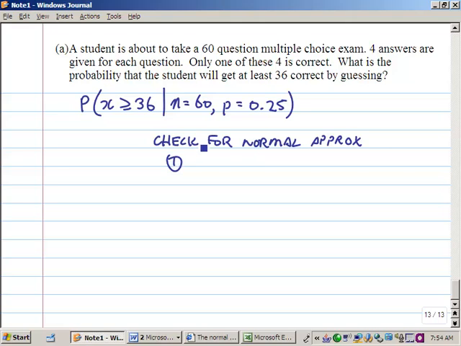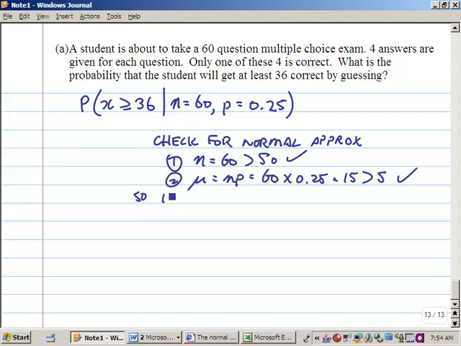But in this case, p of 0.25 is not what you would consider tiny. n is 60, which is greater than 50. Also, the mean np, 60 times a quarter, is 15. It's greater than a half, so the normal approximation is good.